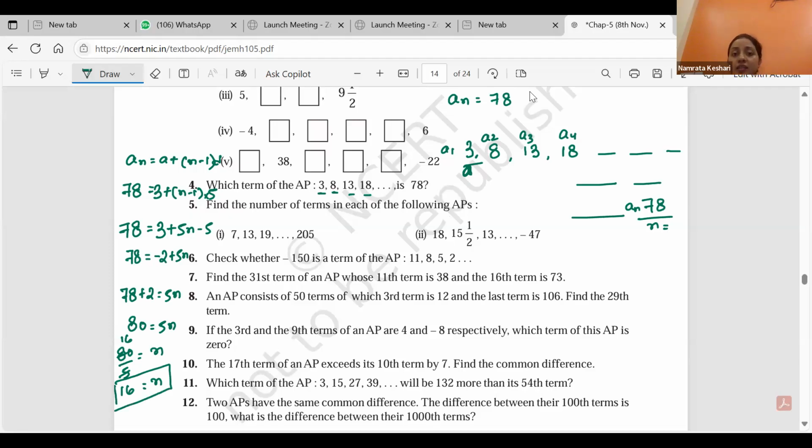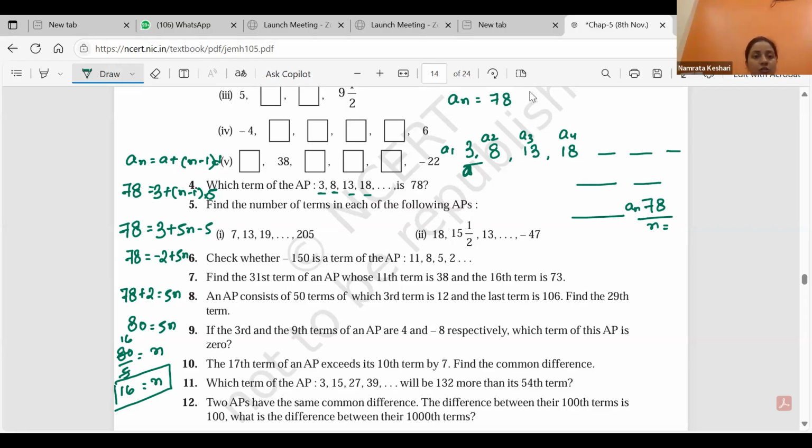That means the 16th term of this AP is 78. A16 is 78, n is 16 over there. Clear?